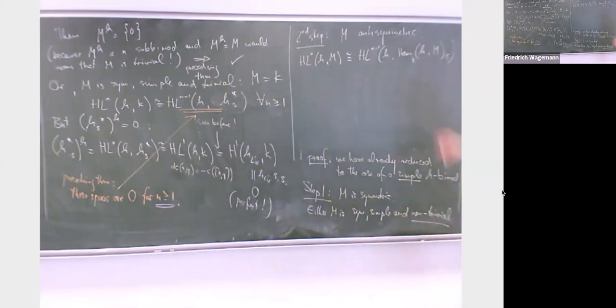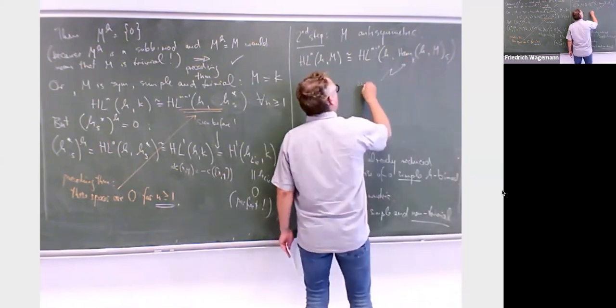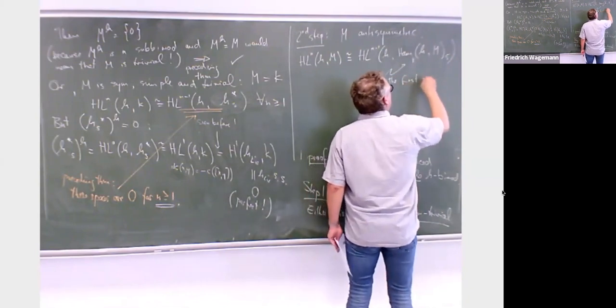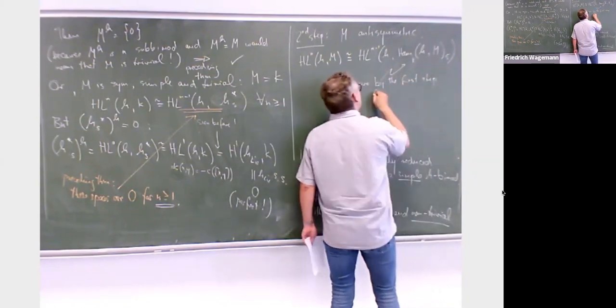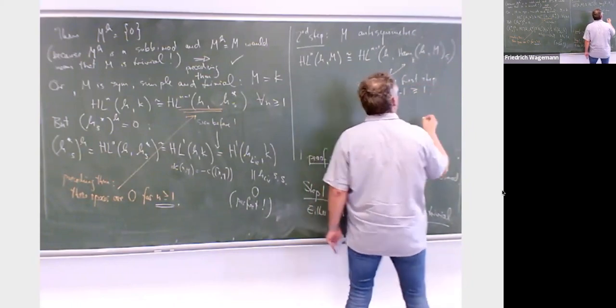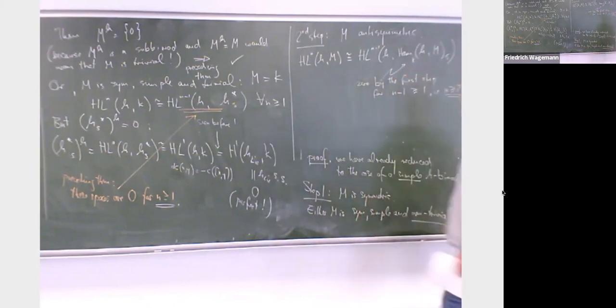So you can convert this into cohomology with values in a symmetric module. And this is 0 by the first step for n minus 1 greater or equal to 1, meaning n greater or equal to 2.